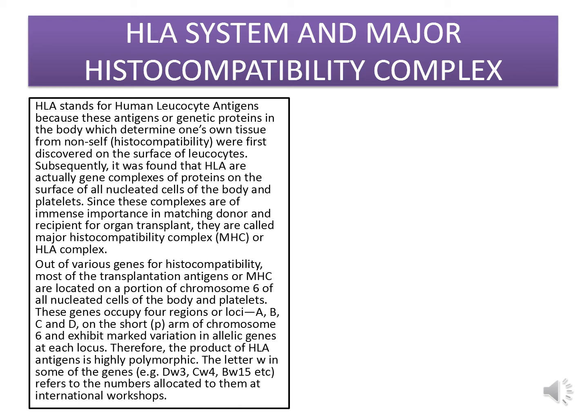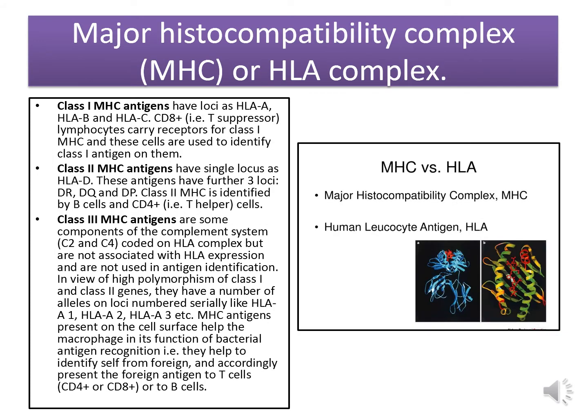These genes occupy four regions, A, B, C, D, on the short arm of chromosome 6 and exhibit marked variation in allelic genes at each locus. Therefore, the product of HLA antigen is highly polymorphic. The letter W in some of the genes refers to the numbers allocated to them at international workshops.